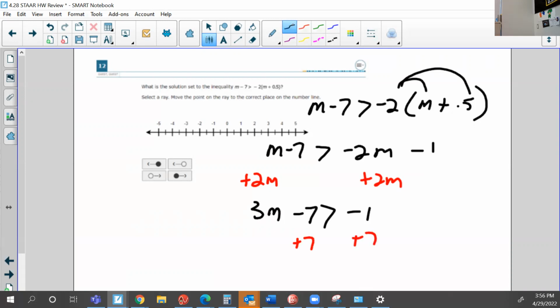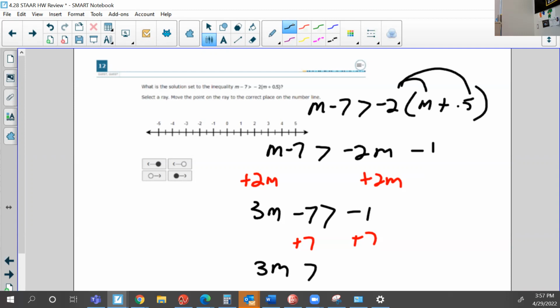That gives me 3m is greater than, and did I make a mistake somewhere? I add 2m on both sides. That gives me 3m there.